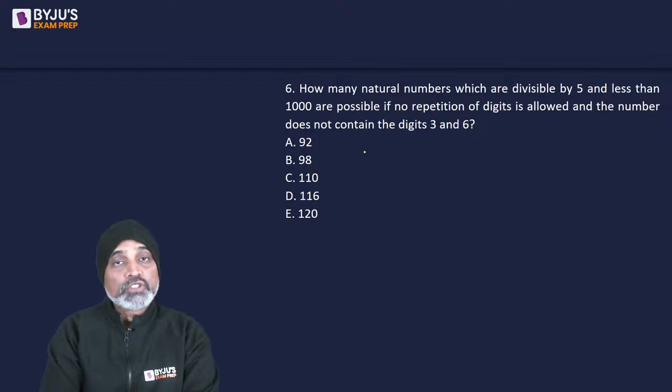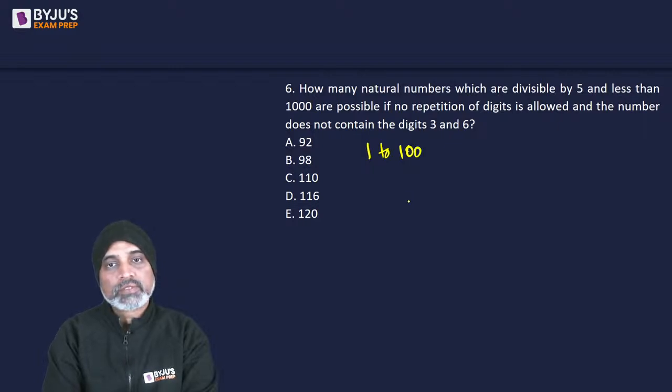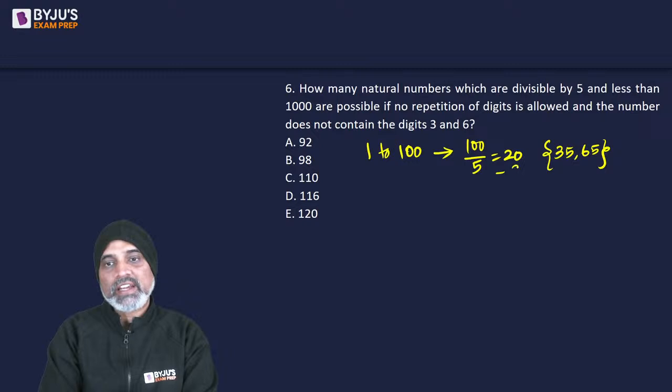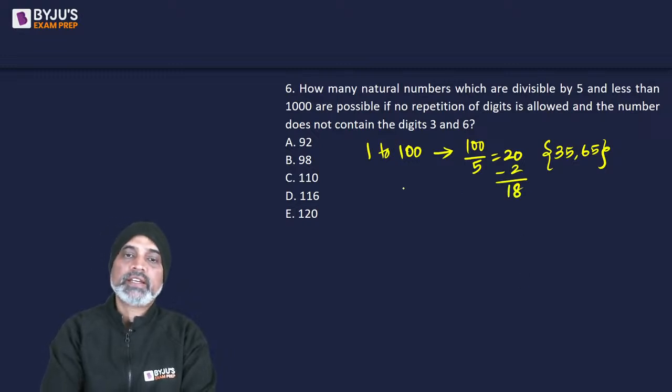So first of all, let's talk about the numbers from 1 to 100. Okay. From 1 to 100, in the first 100 numbers, there will be 20 numbers which are going to be divisible by 5. Out of these 20 numbers, there will be 2 numbers that will contain 3 and 6. So we effectively end up with a total of 18 values, right?